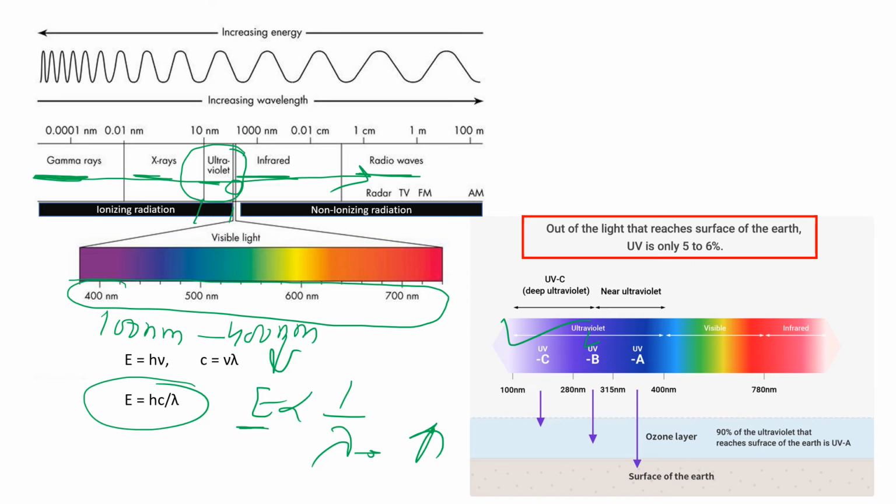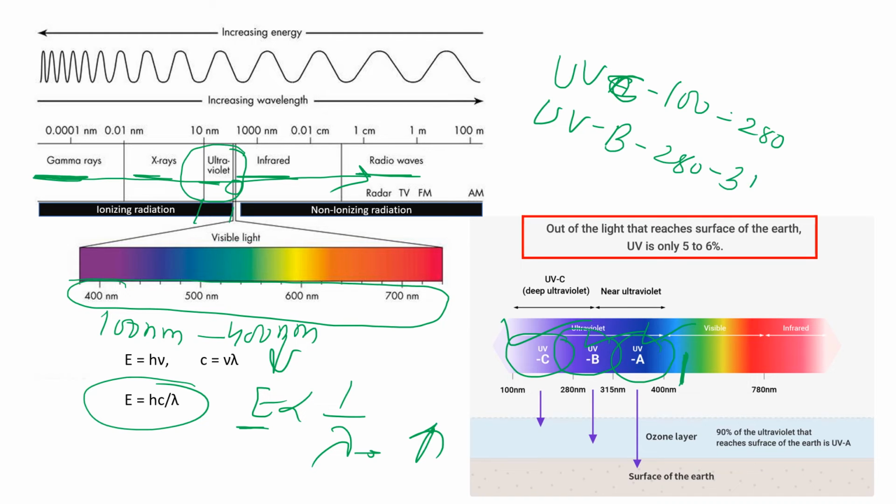Here you can see UVA, UVB, UVC. Whatever light is near to the visible light is known as UVA, then after that UVB, then after that UVC. UVC has a wavelength from 100 to 280, UVB has 280 to 315, and UVA has 315 to 400 nanometer.